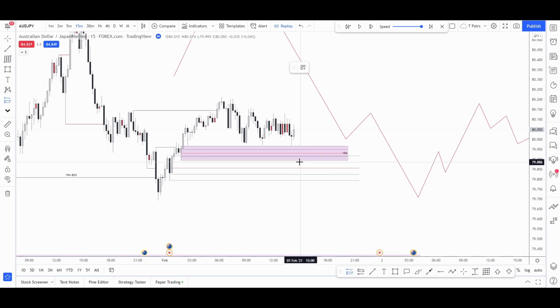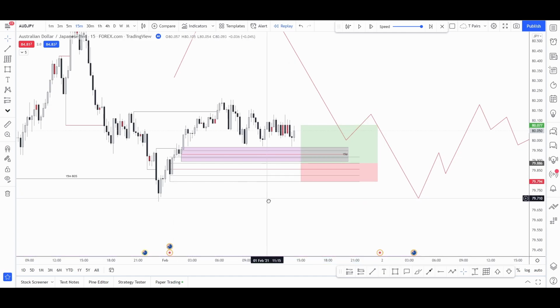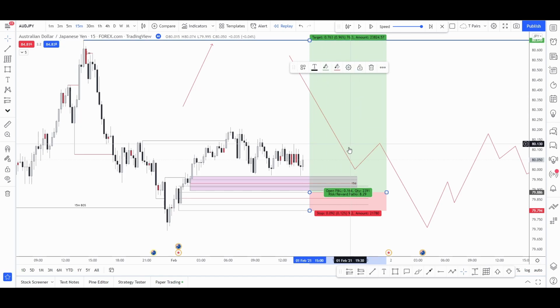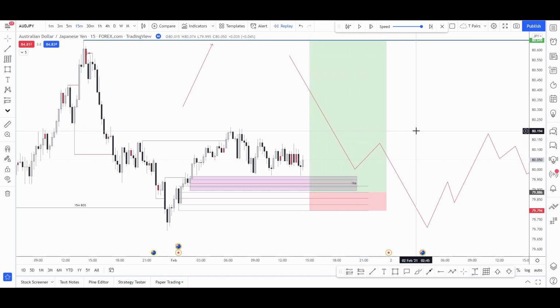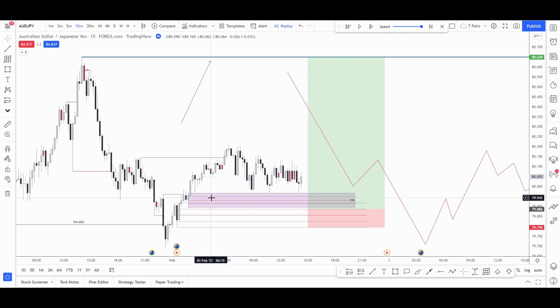Let's put this on there so we can measure. A 9.2 stop, which isn't very good, and that's only a 3.5. Obviously we would need to target all the way up there, and that's an 8.29. That looks good, but this one's more convincing.